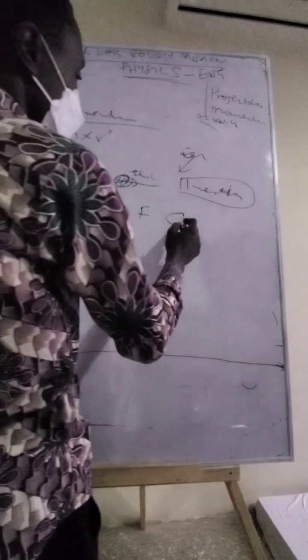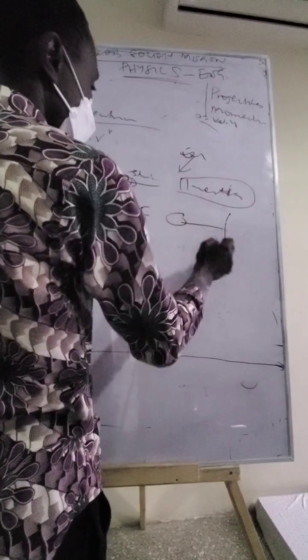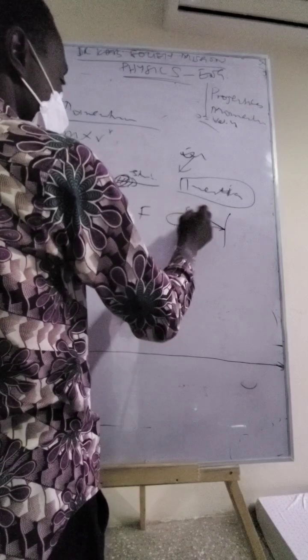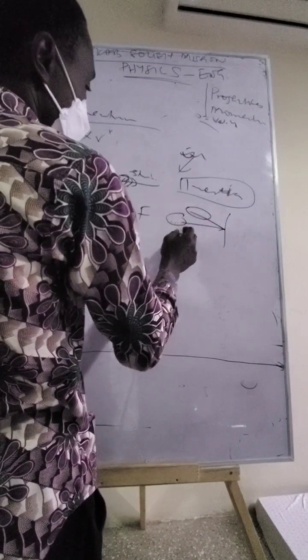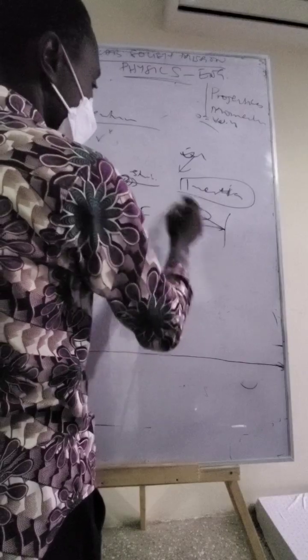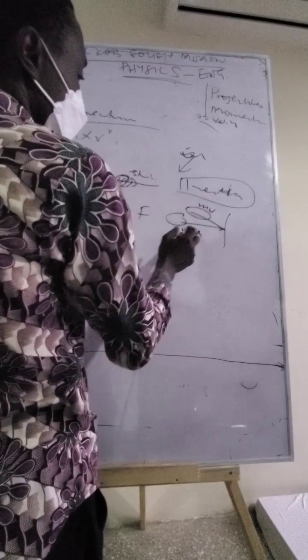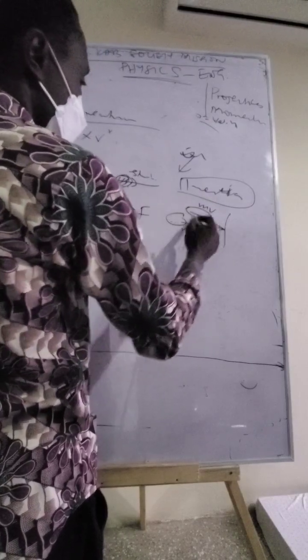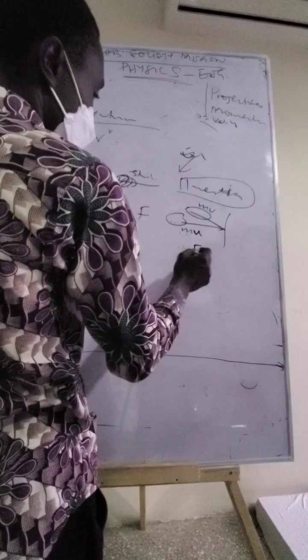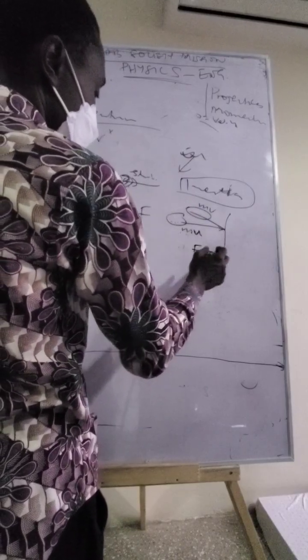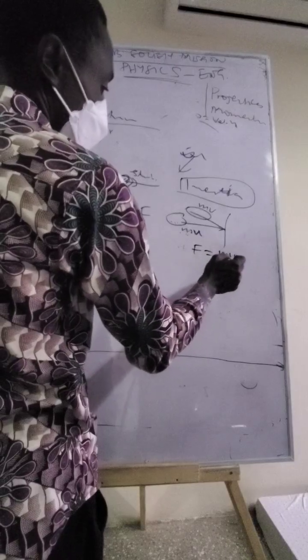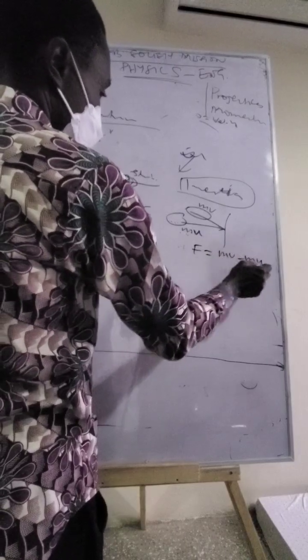So if the ball is moving and hits the wall and bounces back, it was coming with momentum mu, and when it hits and goes back it is mv. The force that caused this change in momentum, F, will be equal to the change in momentum, mv minus mu, over time.